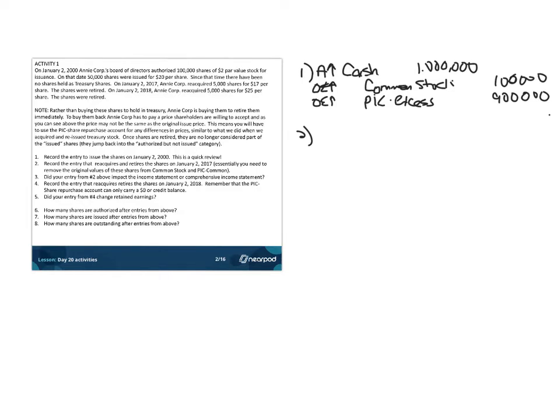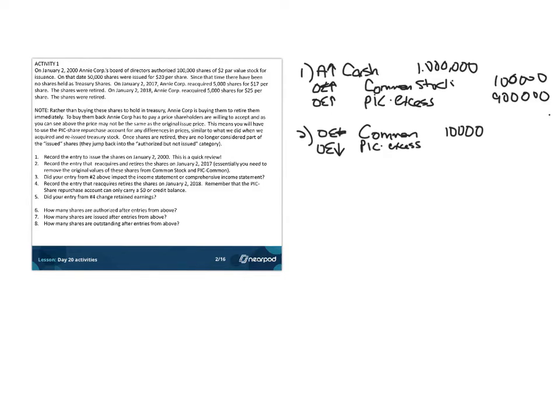If we look at the par value, we know it was $2 per share. So what needs to come out of common stock is 5,000 times $2, so 10,000. It needs to come out of common stock. And we need to take out the paid in capital that was associated with those 5,000 shares.